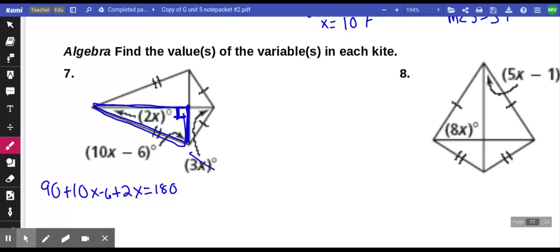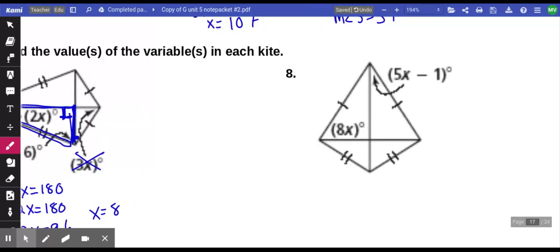I'm not using this 3x at all because that's part of the other triangle, and I don't know this tiny angle down here. So that's 84 plus 12x equals 180. Subtract 84. You get 96. Divide by 12. x equals 8.